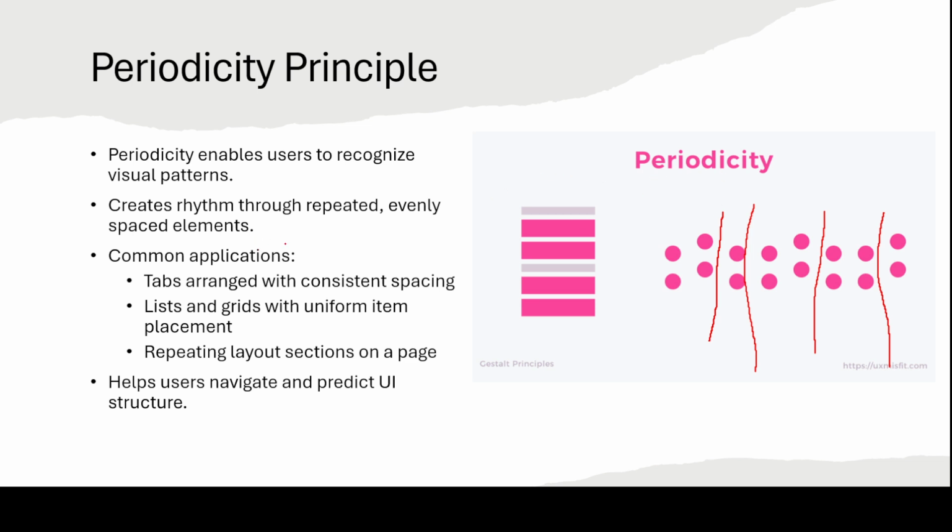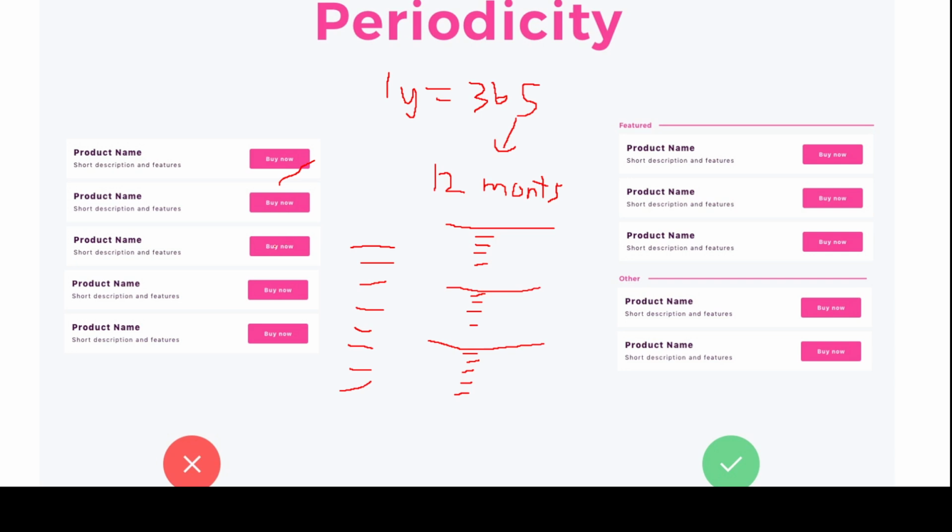So for common elements inside the UI, you can see that certain products are contained within a certain category or certain items that are more popular than other items. So these enforce the principle of periodicity. You can see here also 1 year equals 365 days.